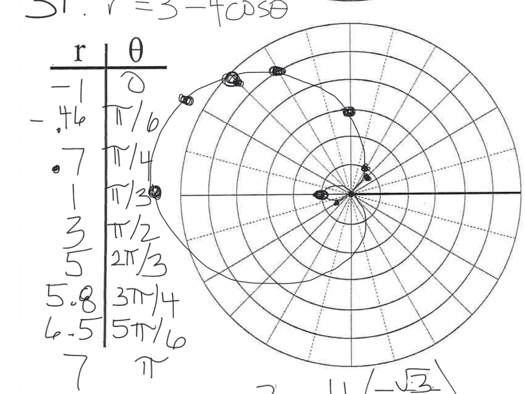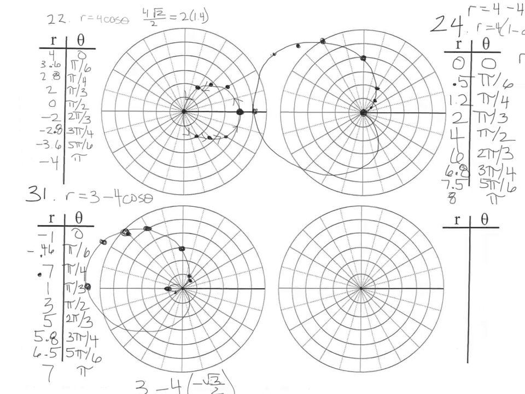What's interesting about this is this graph has this inner loop versus this one, which just has a heart shape. And we'll talk about those relationships as we move forward, as far as how these numbers, the 3 and the 4, whatever those may be, affect the shape and where these graphs are.